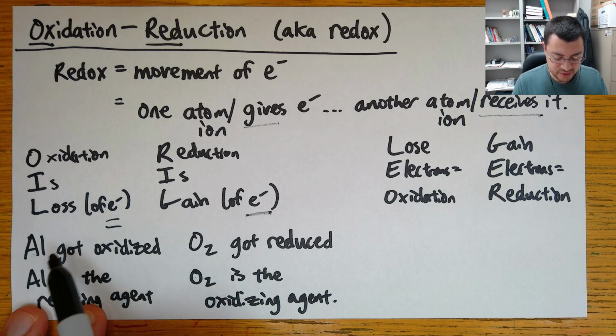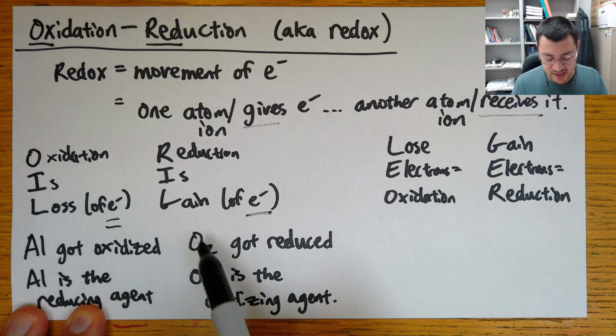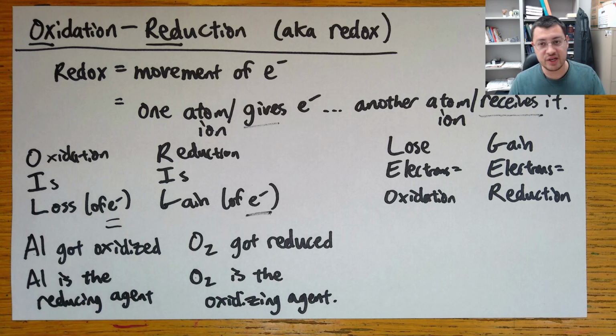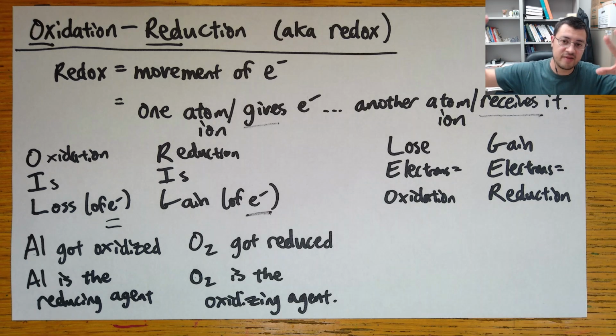We earlier saw that aluminum got oxidized and oxygen got reduced, so that's not new information. The reason aluminum is called the reducing agent is because in the process of getting oxidized, it reduced something else. If I'm aluminum, in order for me to get oxidized, I need electrons to be taken off of me. I need to give them away.